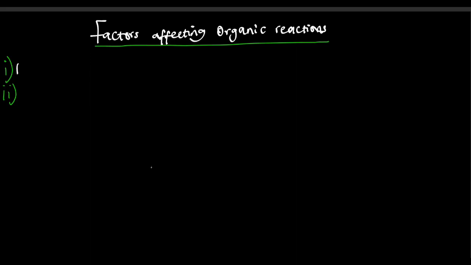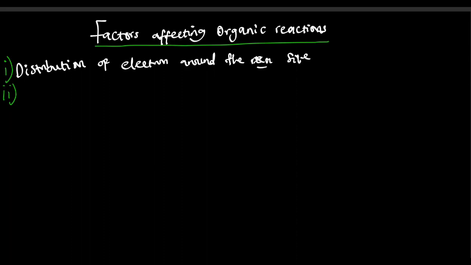You don't need to disturb yourself much, I'll explain what reaction site means. So, the distribution of electrons around the reaction site is one of the factors that affects organic reaction.